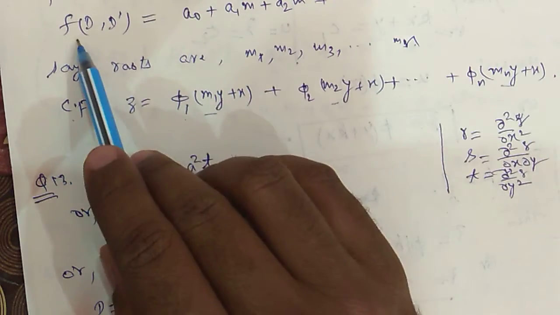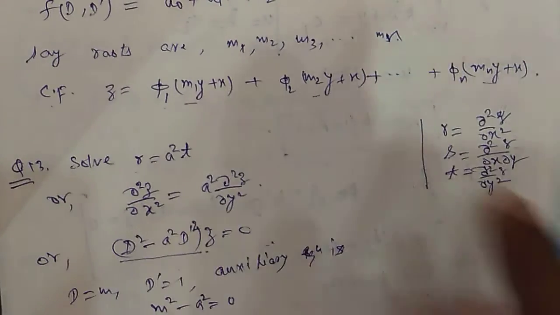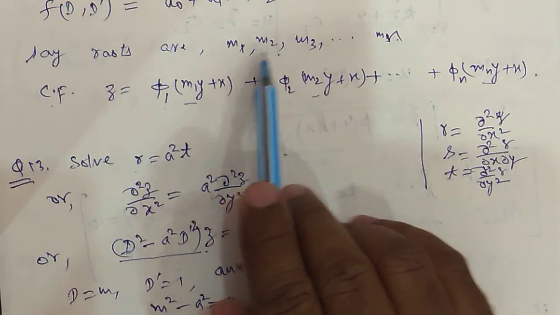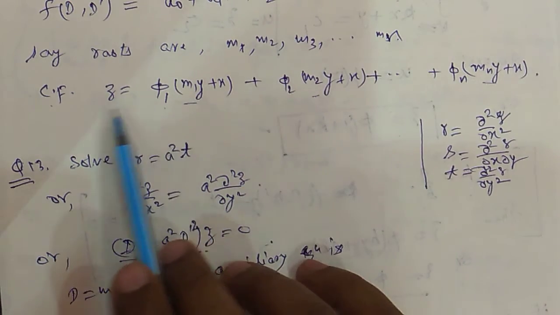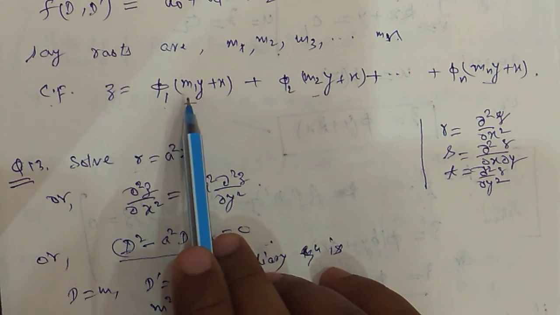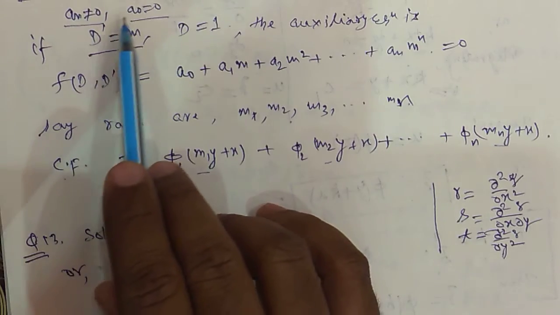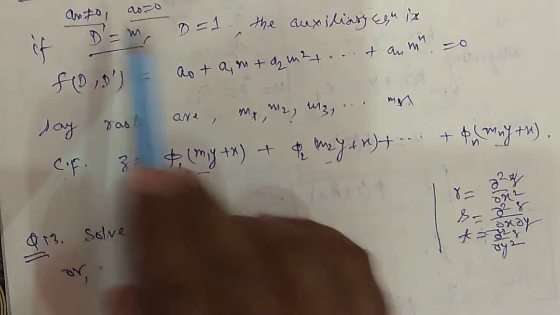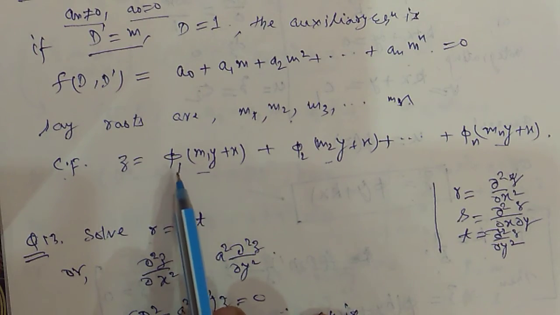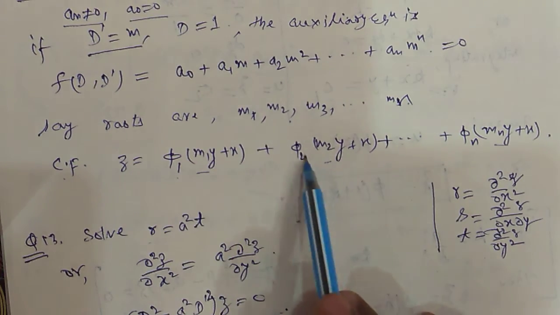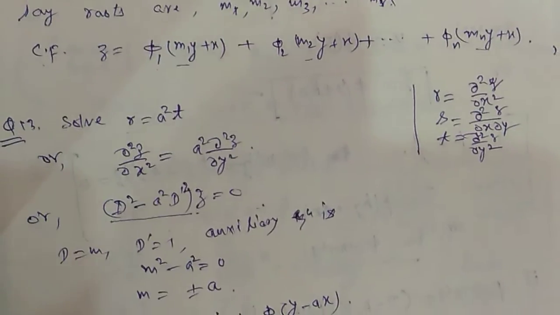The auxiliary equation becomes a polynomial in m, so the roots are m1, m2, up to mn. So here we get the complementary function. The roots are multiples of y in the case where a0 is 0 and an is non-zero. So the complementary function becomes phi 1 of (m1 y plus x), phi 2 of (m2 y plus x), and so on.